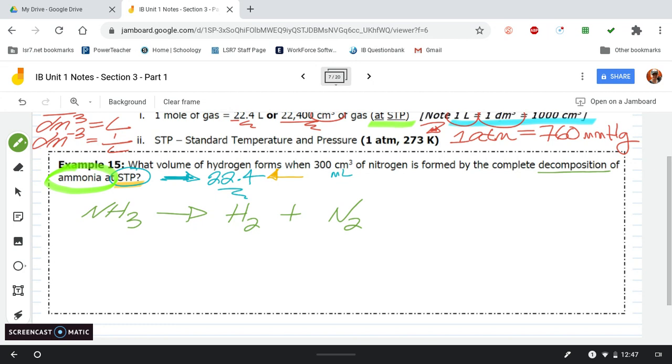So now we're going to balance it up real quick. For the nitrogen, we put a 2 here, which gives you 6 H's, so we'll put a 3 there, and so that is what we have. Okay, let's put the important bits on top, and give us a little bit of space here.